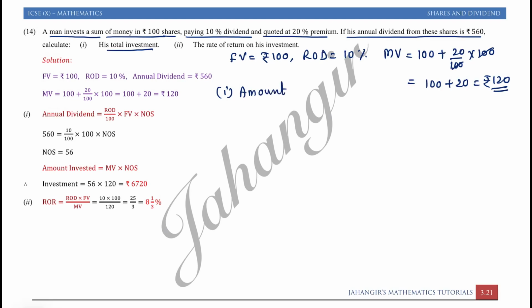To find amount invested, we need number of shares. We don't have number of shares. So first we have to find number of shares by the income formula. So income is given as 560. So we will write annual income that is equal to ROD upon 100 into FV into number of shares.